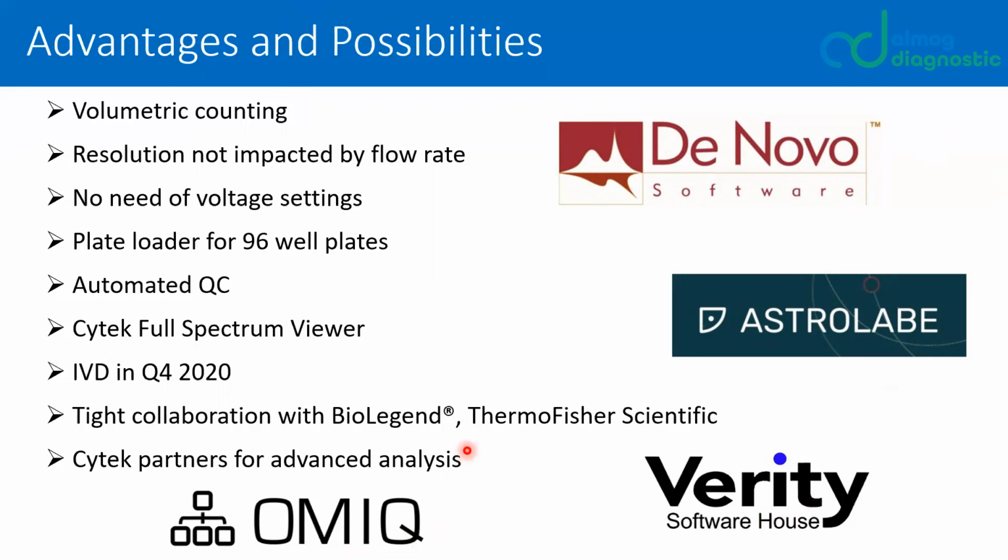All these are enabling cutting-edge analysis of deep flow data, and also what Nitzan showed in her second slide, I think it was, the high-dimensional analysis of flow data. This is also something that is enabled by all these software listed here.